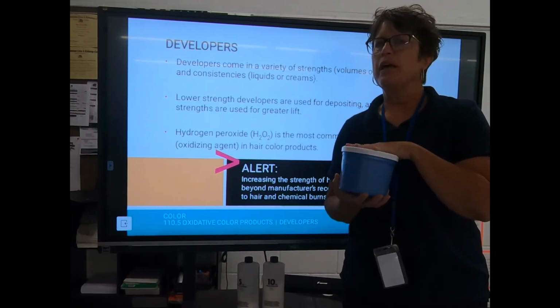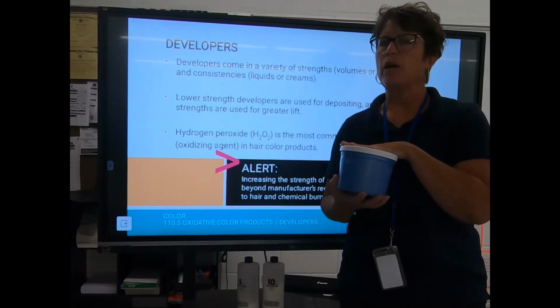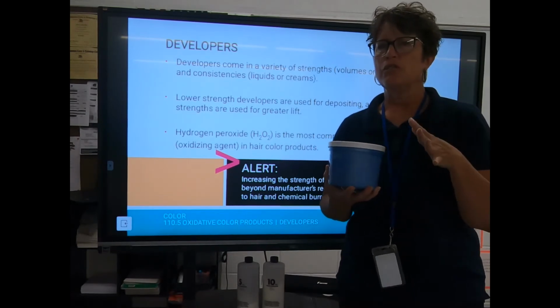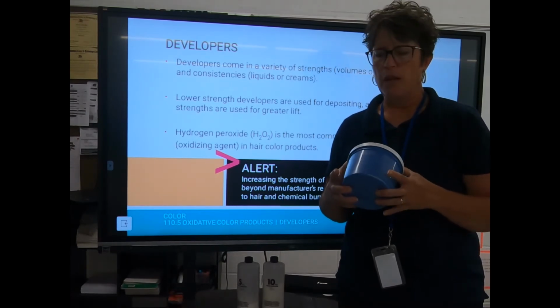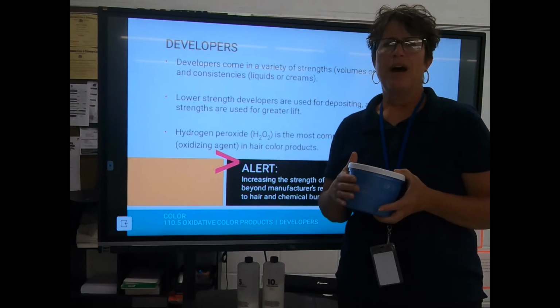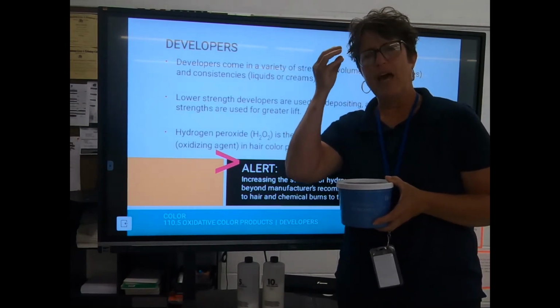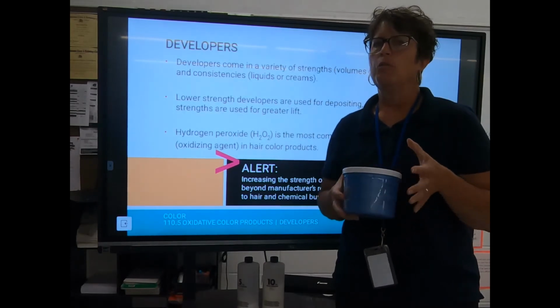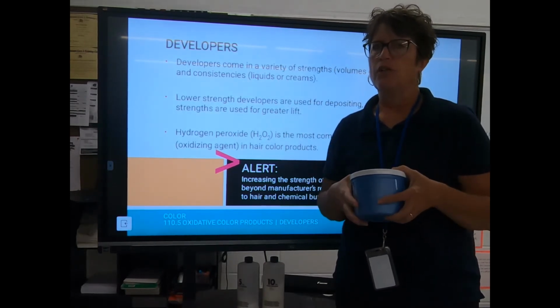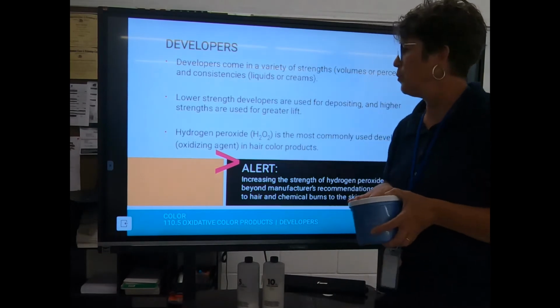It didn't used to be like that. They used to keep them separate, but they've come out with them that you can just adjust it with the volume of the developer. But if you go ahead and put a high volume developer, mix it with this, and then put it on someone's scalp, it will burn and blister and you'll have scabs. Okay, so you definitely don't want to do that.